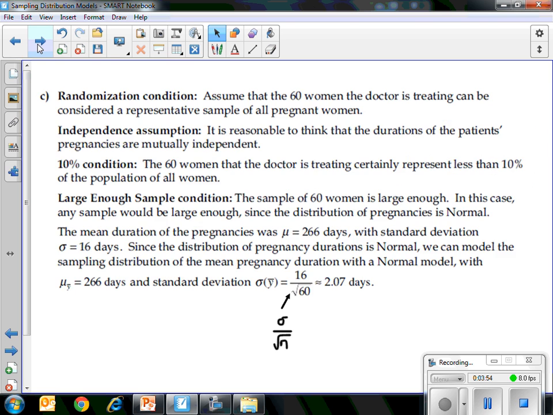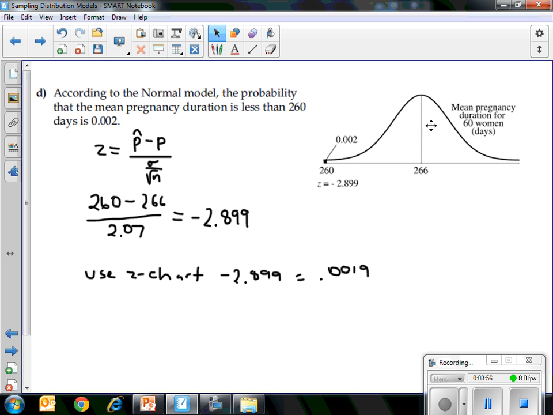So here's what that looks like. Here's your model. You have your normal model here. There's your 266. And again, way to the left, 260. So how do we figure that out? You have to, again, use your z-scores. So you have p hat minus p divided by the standard deviation.